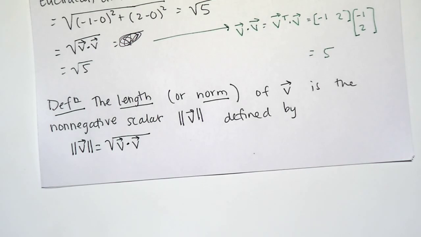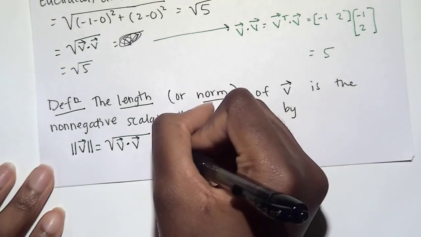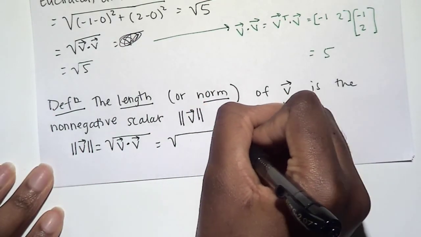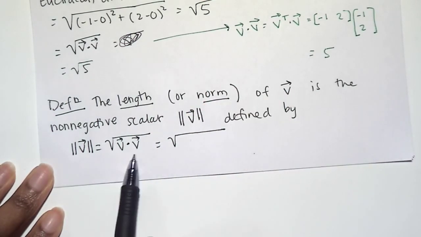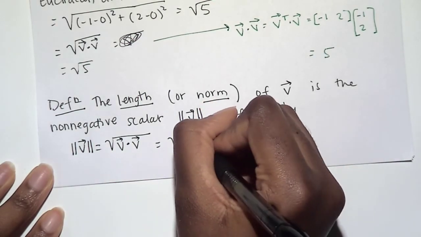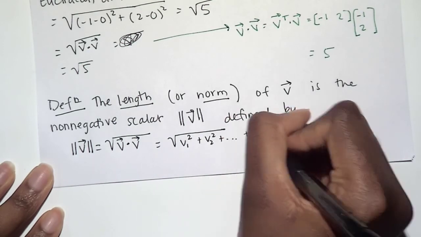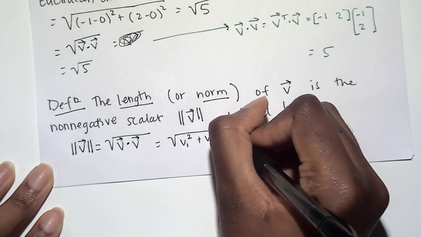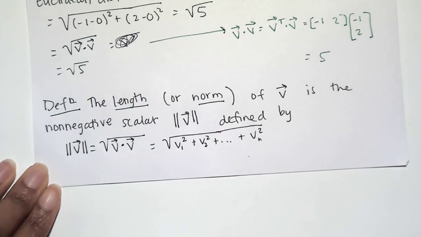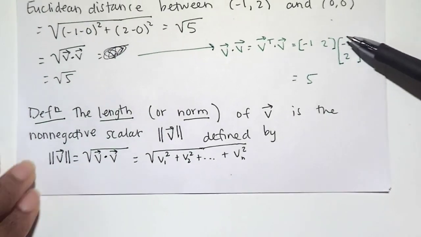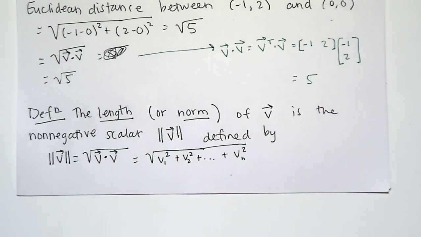Right, and so depending on the length of the vector, so let's say this is a vector in Rn, the dot product would look like this. The first component squared plus the second component squared all the way to the nth component squared. Because that's what happens when you do a dot product of a vector with itself.